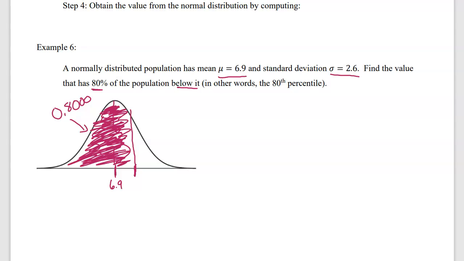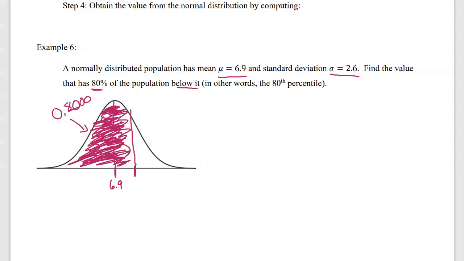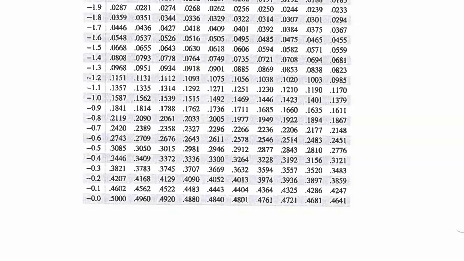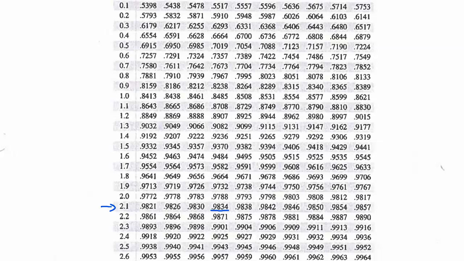So I need to look in the center, in the body of the table, for a 0.80. Well, let's go back. This is on the right side of my mean, so I'm actually looking for a positive z-score. So that means I'm going to scroll down here looking for a positive, and I'm going to erase these markings, a positive 0.8.